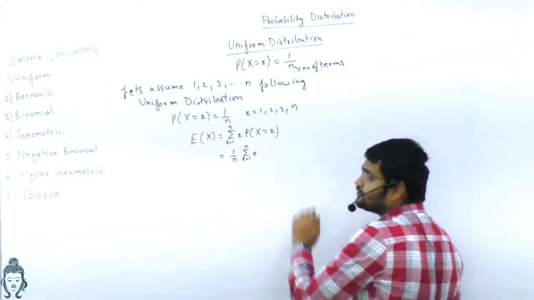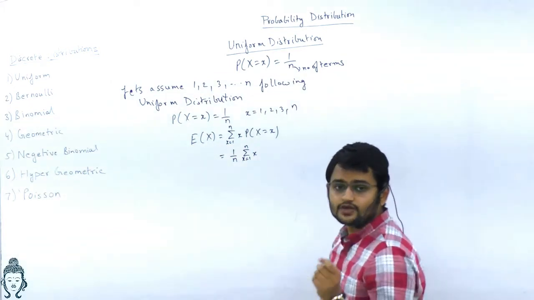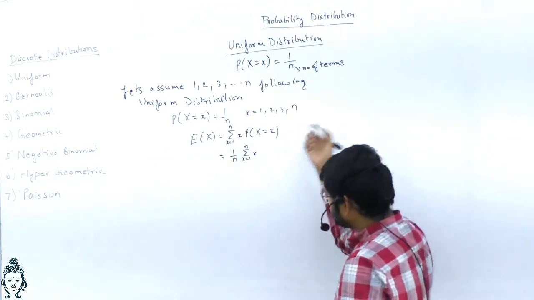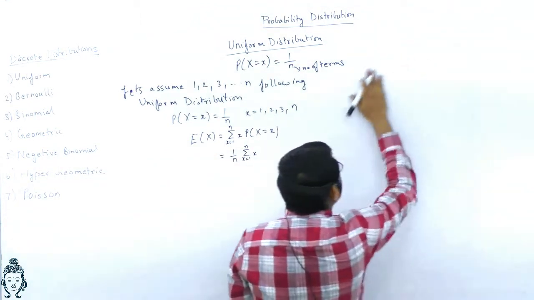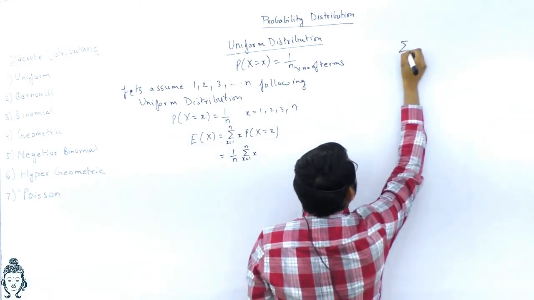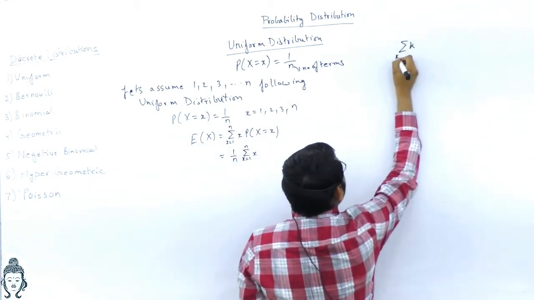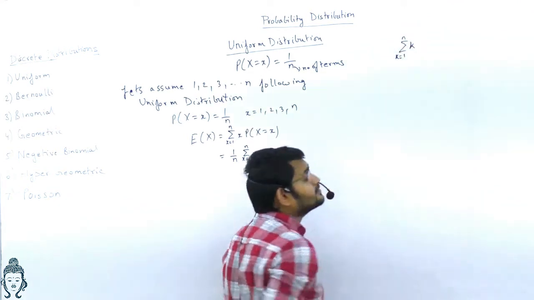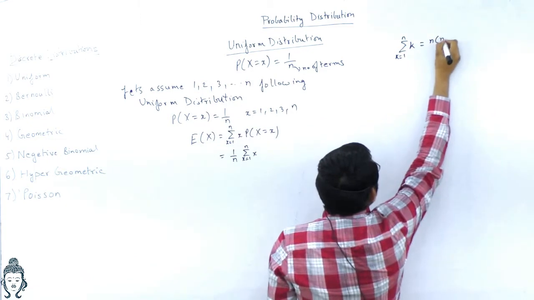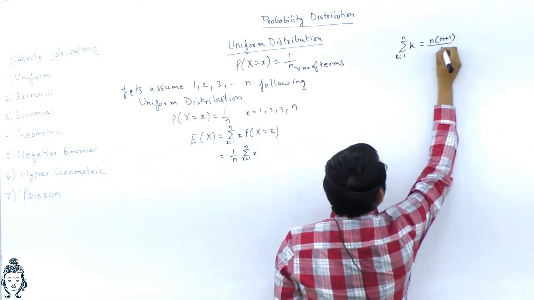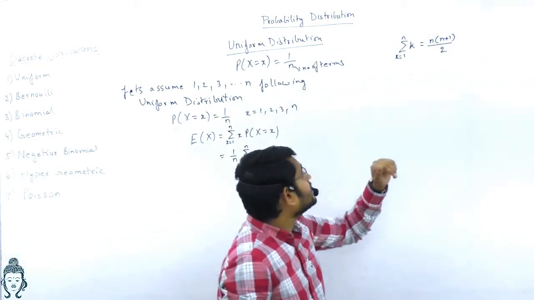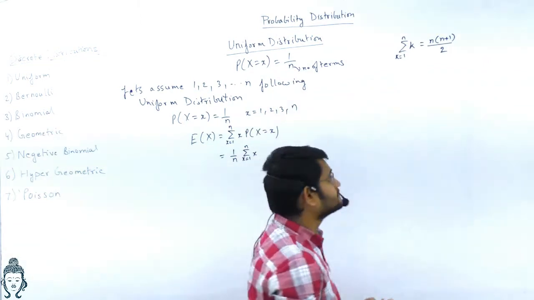Now before we move forward, there are a few things that you might know but are essential to form these values. First of all, the sum of the first n natural numbers. If I say summation k, where k goes from 1 to n, this is nothing but the sum of the first n natural numbers, which is equal to n into n plus 1 by 2. You can also find this value by using arithmetic progression.